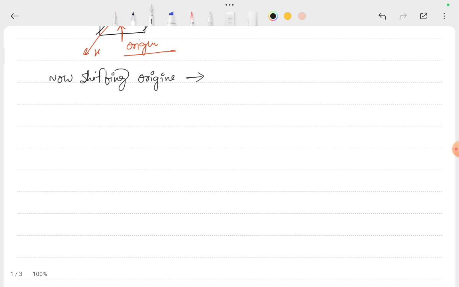Shifting origin means this is a cubic unit cell.